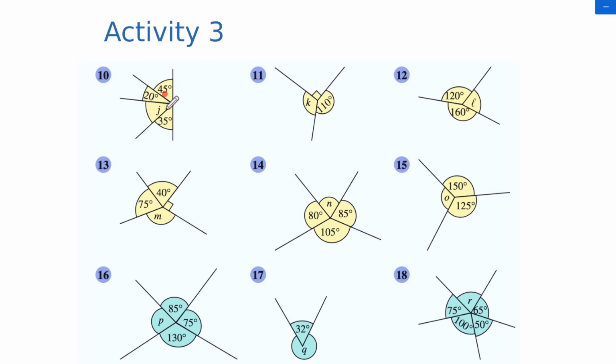You add the 3 of them here, see how much you have, then you take away from 180 to find out J. Okay, and then you carry on. This symbol means 90 degrees, so you should be able to add 90 with 110, and whatever you get, you take away from 360. So I'm gonna leave you to it. Pause the video and carry on with the work, and then I'll give you the answers.